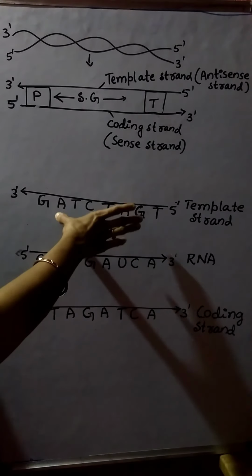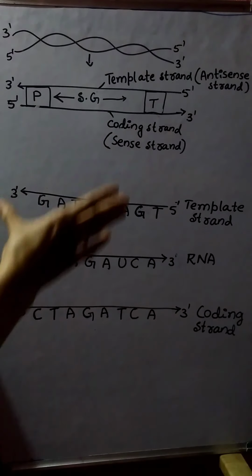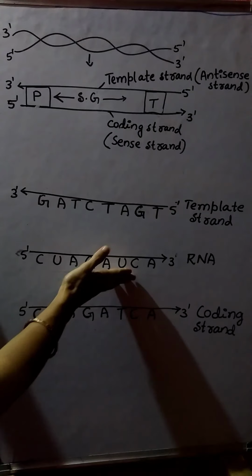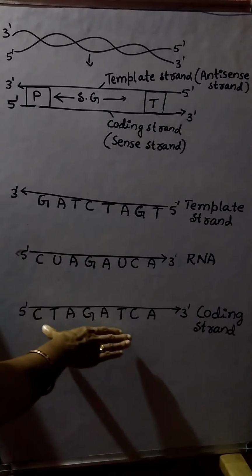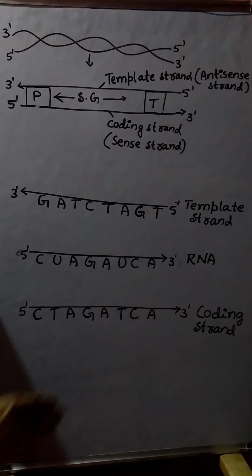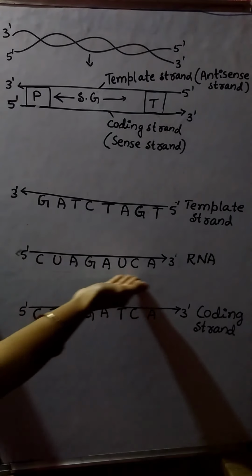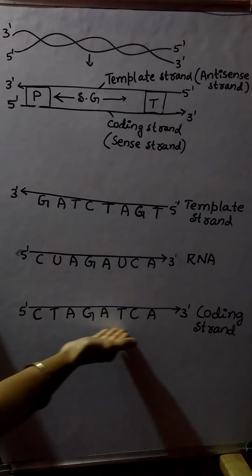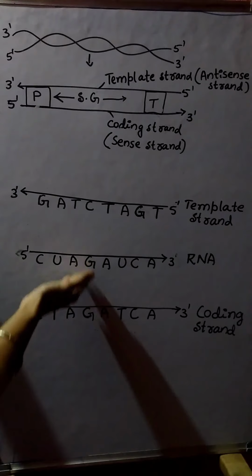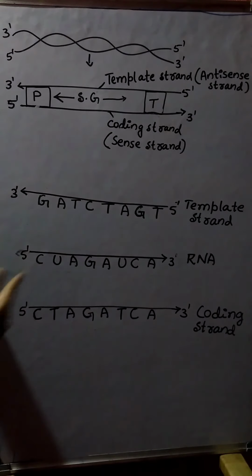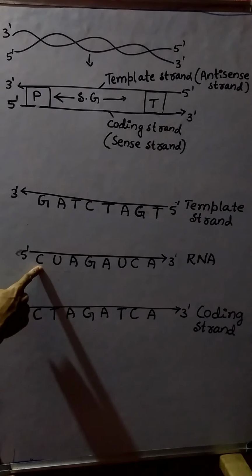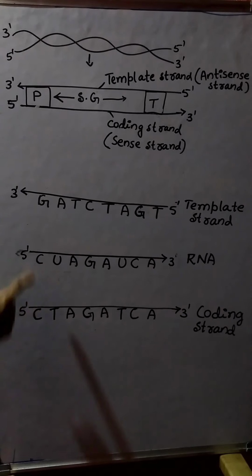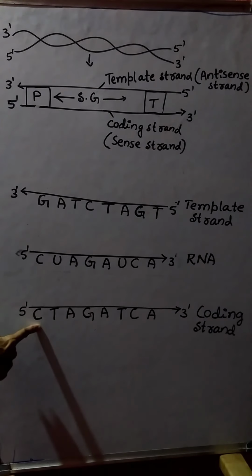If you know the base sequence of template strand, then you can write the base sequence of RNA and coding strand. Now compare the base sequence of coding strand with the RNA. See, this is the base sequence of RNA and this is the base sequence of coding strand. Now compare these two base sequences. See here, in case of RNA, cytosine is present, and in case of coding strand, at the same place cytosine is present.